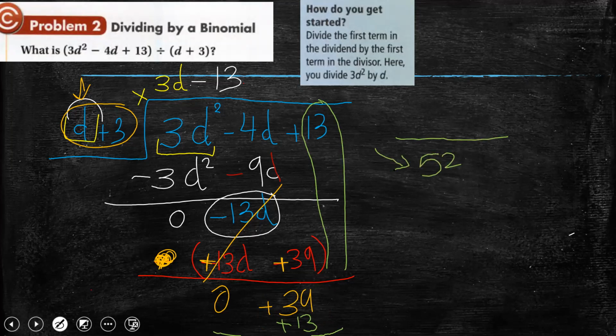So what does it mean? Since I get the last number, and its degree is less than the degree of the divisor, I will stop. I will say now, the answer is 3d minus 13 with the remainder 52.